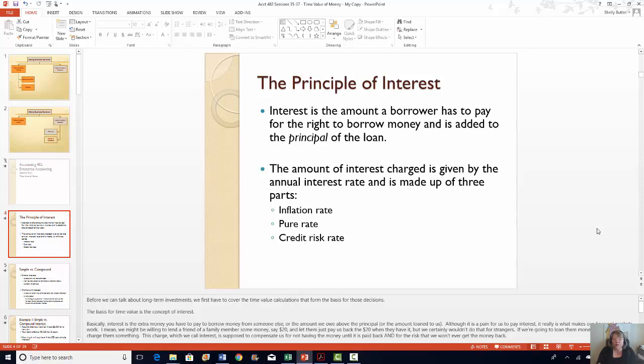The Fed rate was a lot lower, so the pure rate is a lot lower, and our credit risk rate was really low because we have good credit. But I know that some auto loans right now are advertising 9.99%. This is for people who don't have a lot of credit or have bad credit.